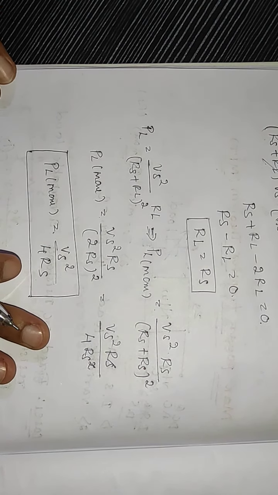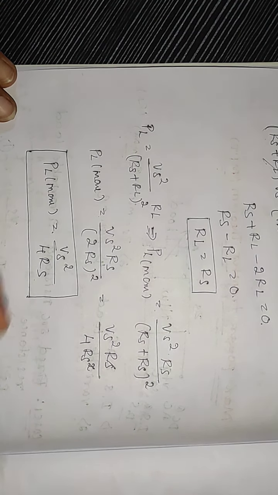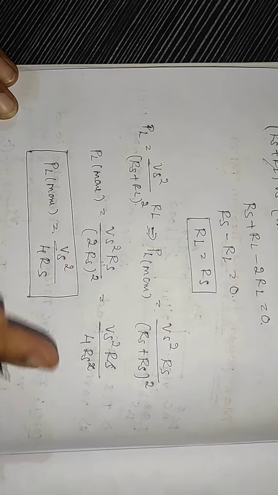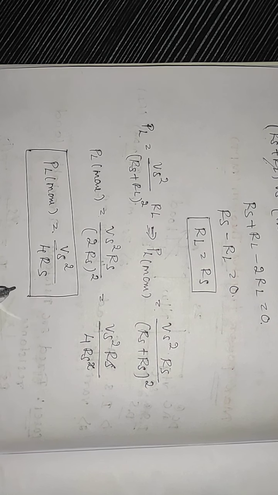So in case 1, the circuit contains a DC voltage source, variable resistance and source resistance RS, right? Here the maximum power equation is equal to VS square divided by 4 RS.